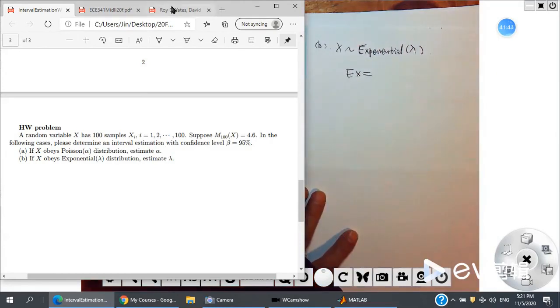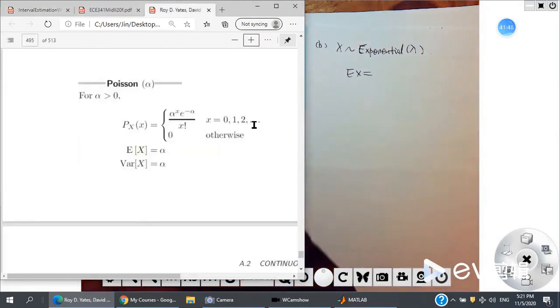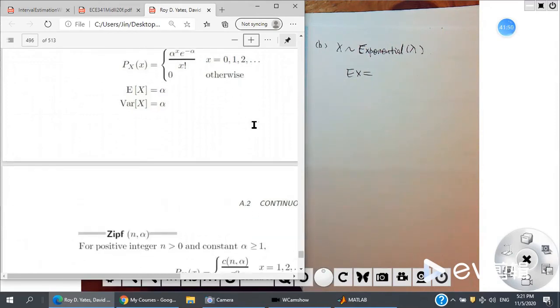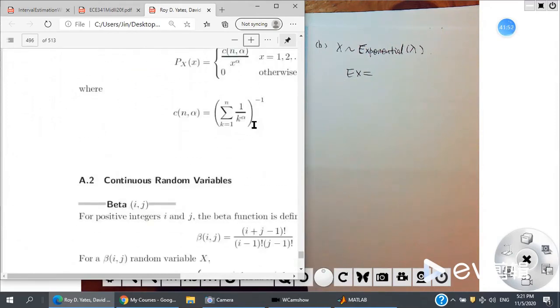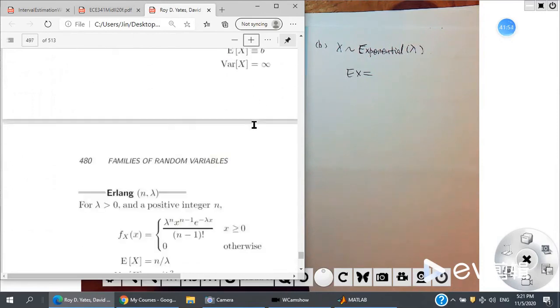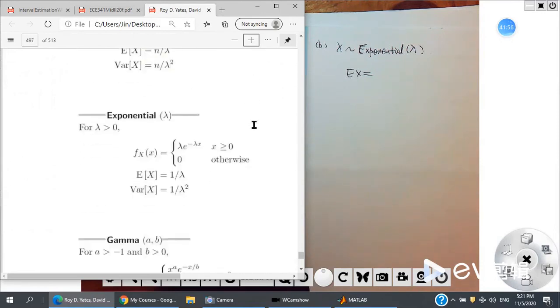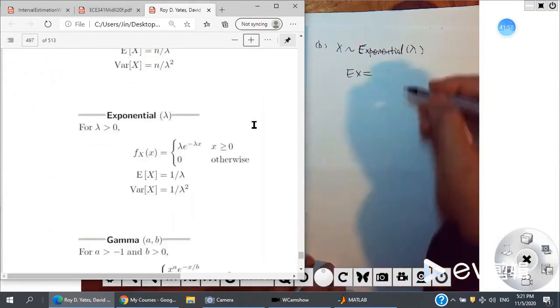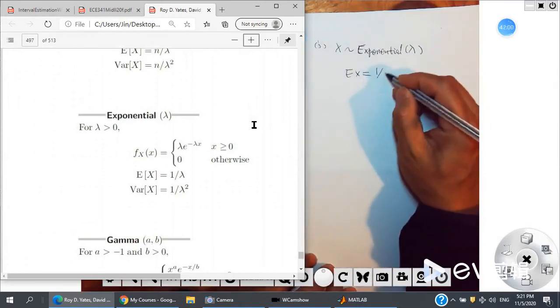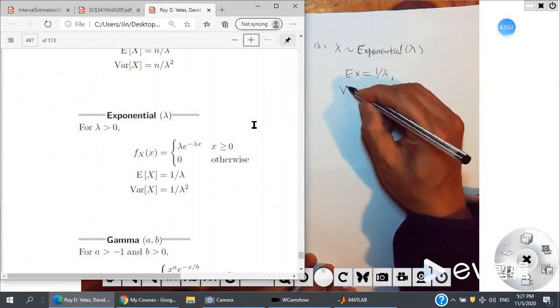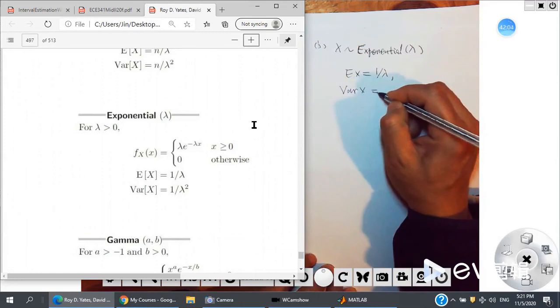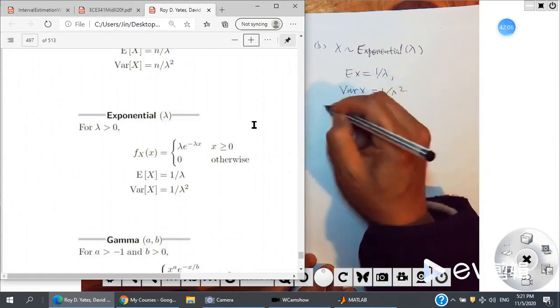We check the table. We have Poisson, then let's find the exponential. It's here. Okay. We know EX is 1 over lambda, and the variance is 1 over lambda squared. We have this one, right?